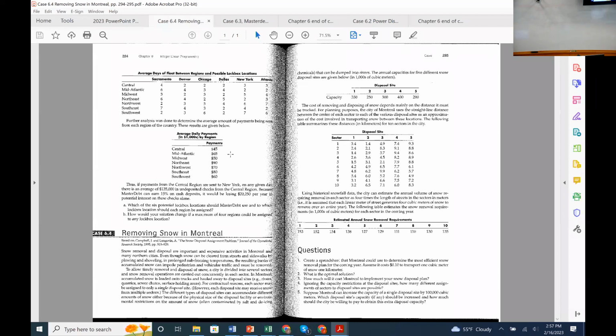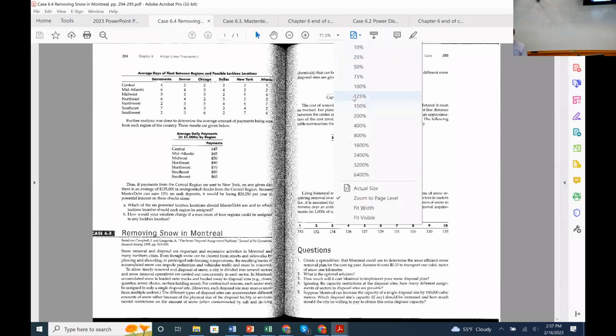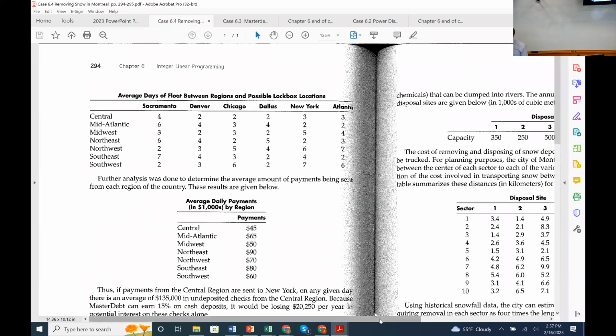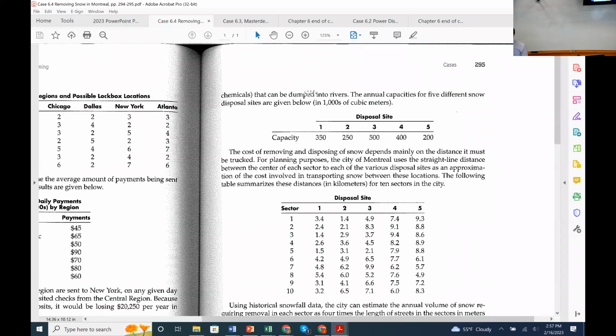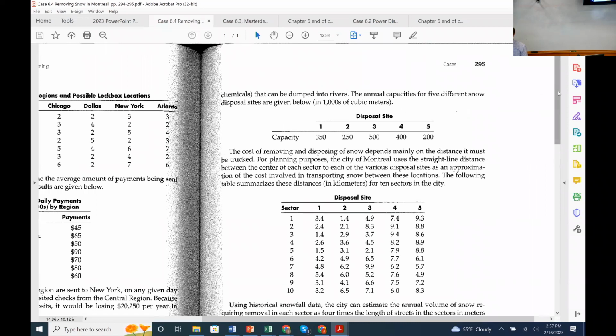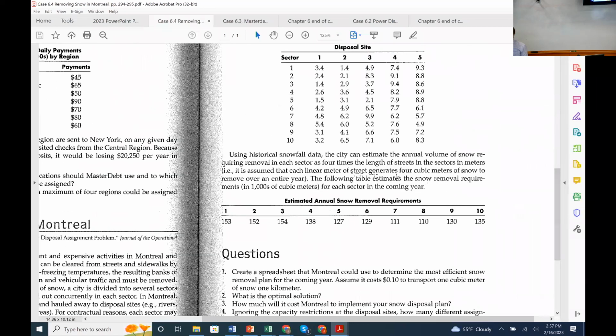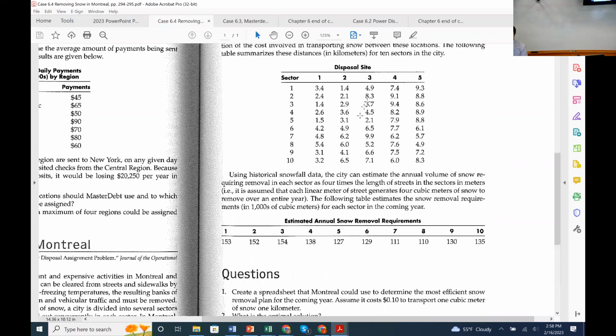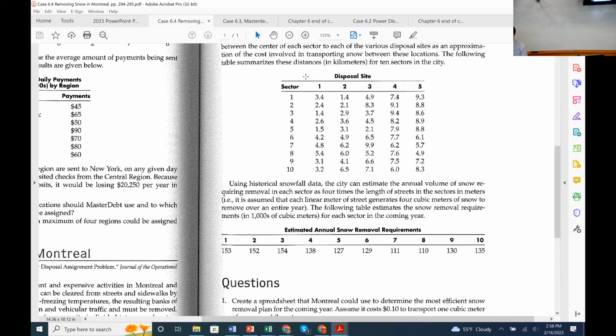And the data for this case are, we have places that we can take the snow, and we have the city divided up into sectors. And this is basically the amount of snow that falls in those sectors driven by the size of the sector. And these are the distances.